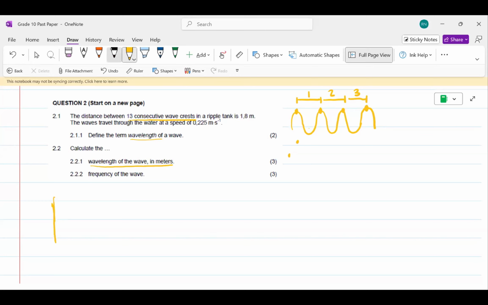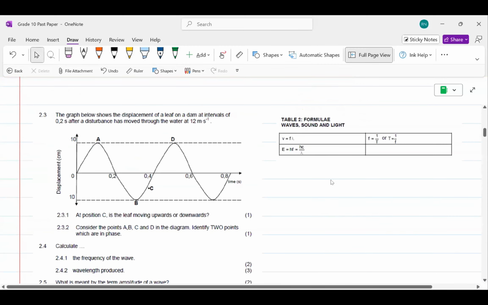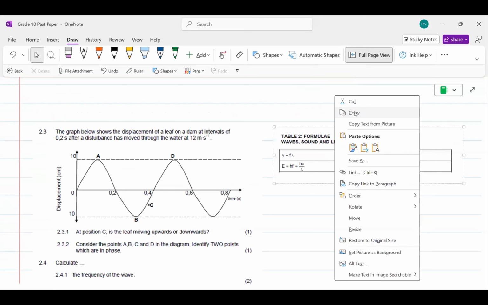And so we know the equation for our waves. Let me drag it up there.